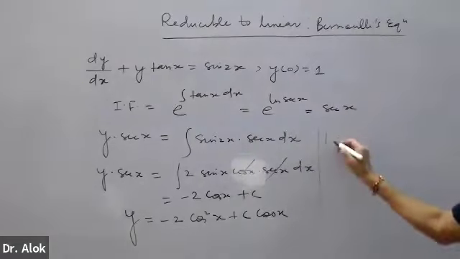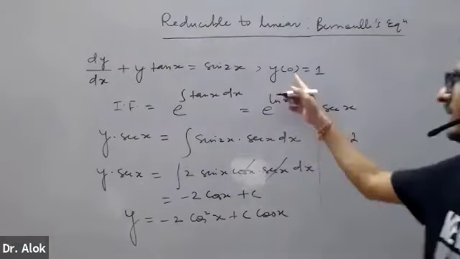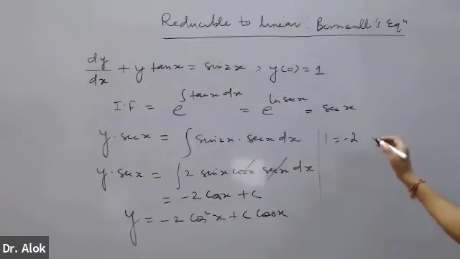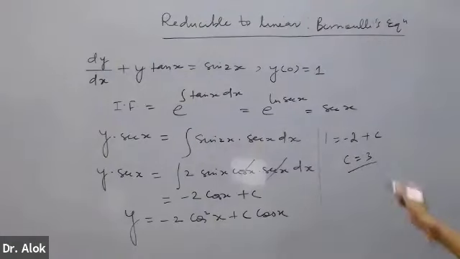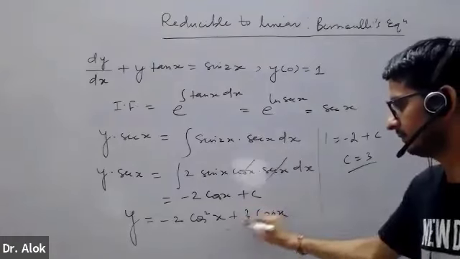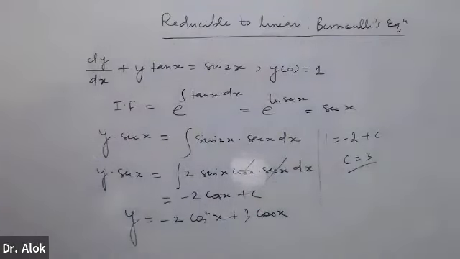So 1 is equal to minus 2, because x is equal to 0, plus c. So c is equal to 3. So wapas substitute kar do 3. Is that okay? See this? It is correct. Okay.